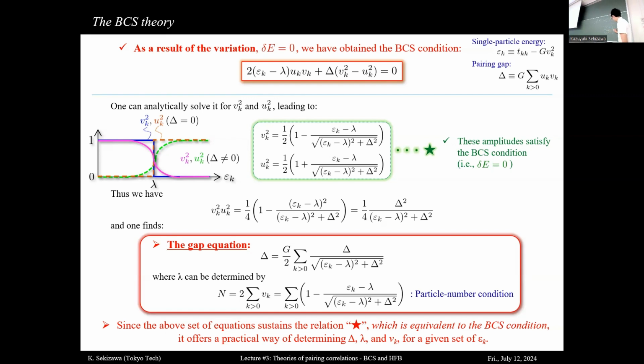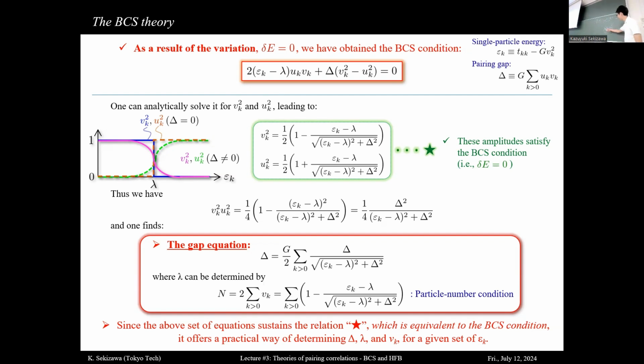Each of the levels has, in the case of spherical nuclei, 2J plus 1 degenerate states. Anyway, by solving the equation, we can get this potential and the single particle energies, these single particle energy levels.